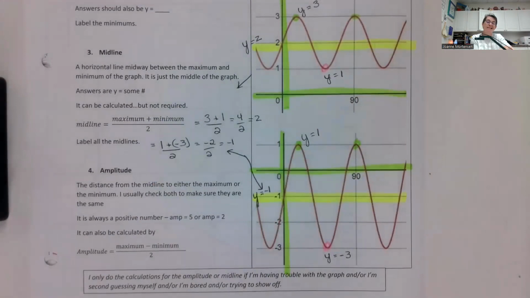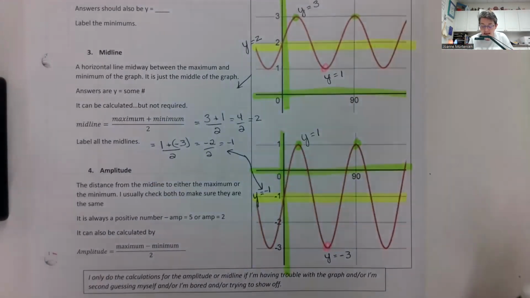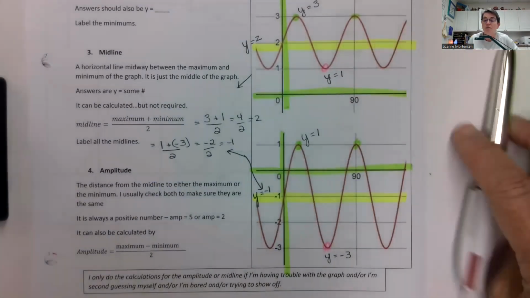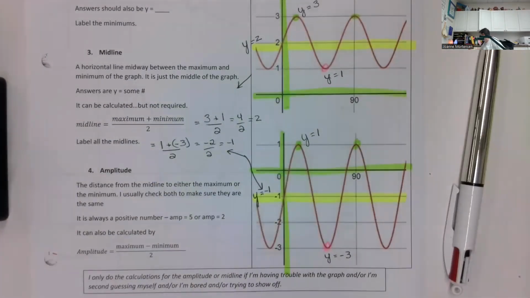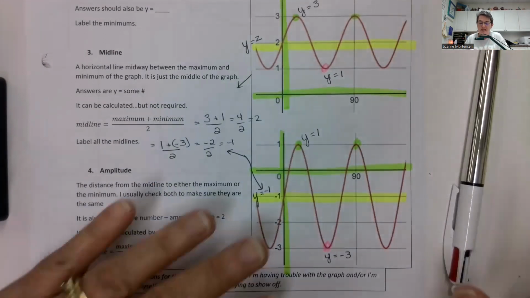The last one is the amplitude. And the amplitude is the distance from the midline to either the maximum or the minimum. Let's go back to the top one.